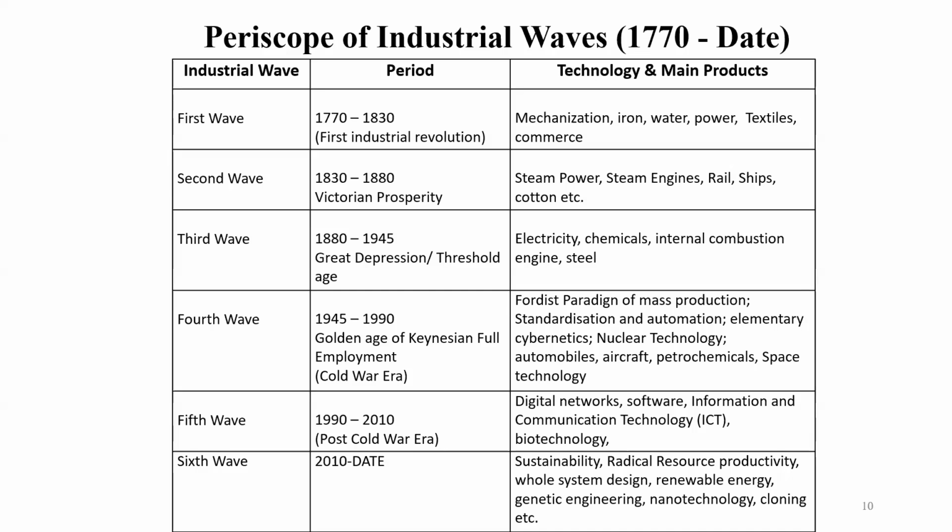Now, from 2010 till date, we have entered another phase. We have begun to have things like nanotechnology and a lot of radical resource productivity. And in the last two to three years, the artificial intelligence evolution. Artificial intelligence has been around for many years, since the 80s.